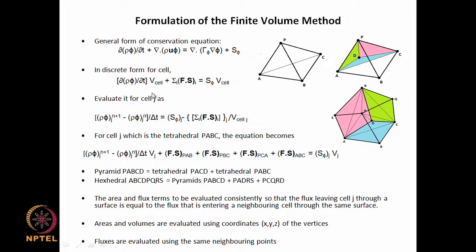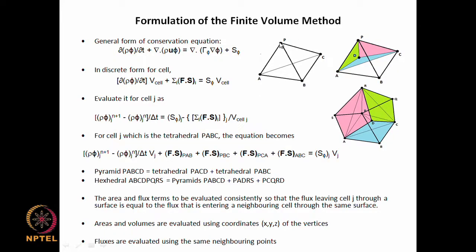You take the volume of the cell to the other side, so you have S phi for cell j, the source term for cell j, minus the sum over all faces I of F dot S for cell j divided by the volume of cell j. Okay, so this volume is being brought forward here.